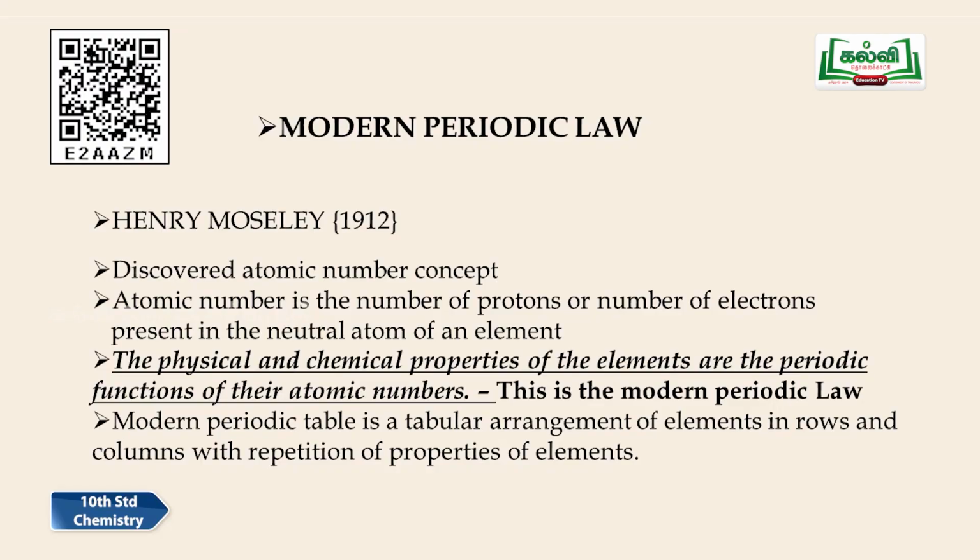Finally, in the year 1912, Henry Moseley came forward and made a new periodic table. This is known as the modern periodic table, and his classification was based on atomic number. My dear good students, you all know what atomic number is.